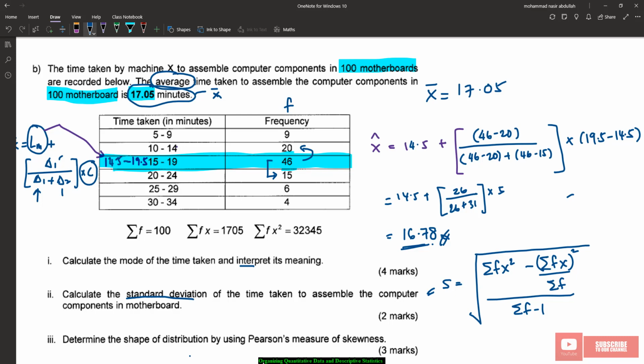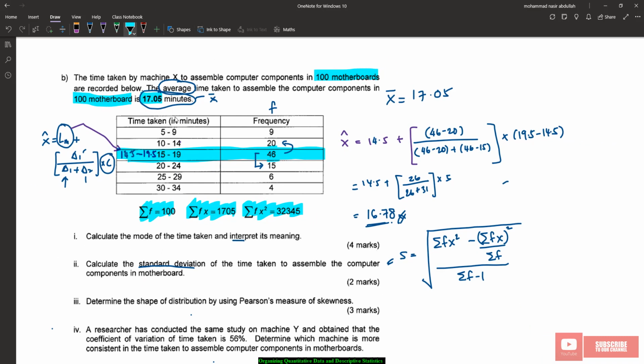So this is the formula for standard deviation. I think they already give you the value of summation of f, summation of fx, summation of fx squared. So now your task is very easy, it's only 2 marks. Just put the values into the formula.